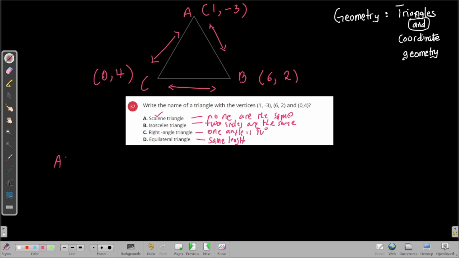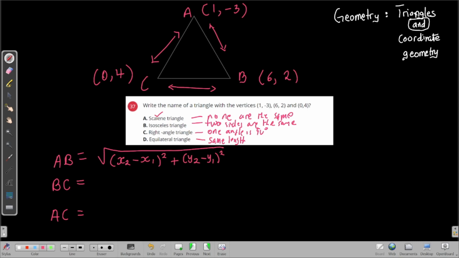So let's check the distance between A and B, then B and C, then A and C. The formula is square root of (x2 minus x1) squared plus (y2 minus y1) squared. So for A and B, let's say this is x1, y1, x2, y2.